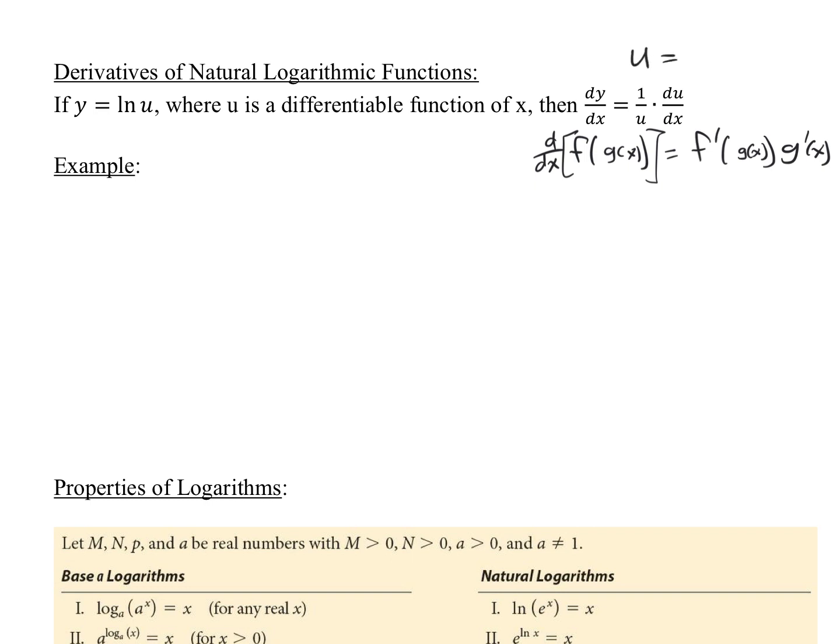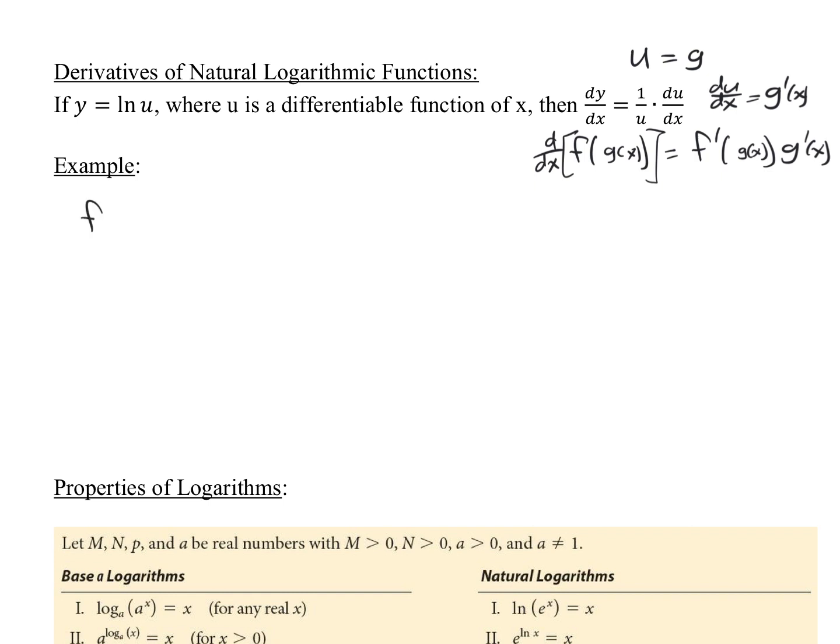Basically, u is equal to g, so then du/dx is equal to g prime of x. Now, this all may look like just a bunch of mathematical lingo that doesn't really make you feel very confident about applying this. So if this looks too confusing, just ignore it for now, and let's look at a couple of examples that hopefully clarify what we're talking about.